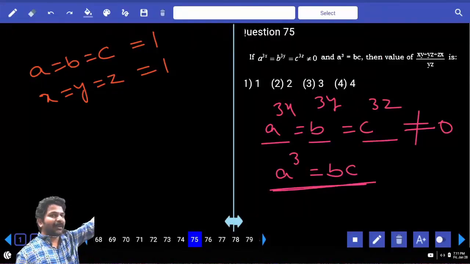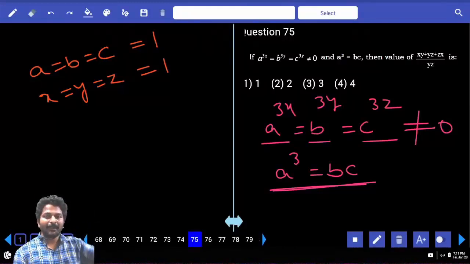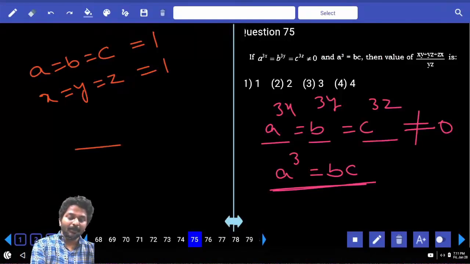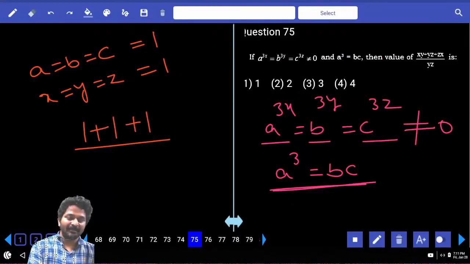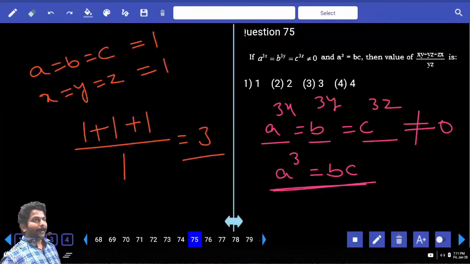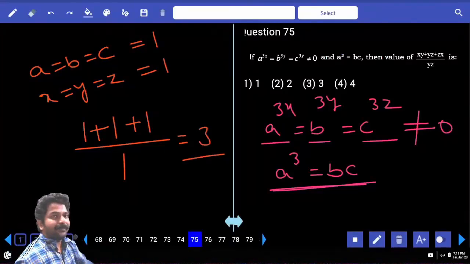A is equal to 1, 1 cube 1, bc in the sense 1 into 1, 1. Both conditions satisfied? So you can definitely start with a, b, c values as 1 and x, y, z values as 1. Now numerator in your question, xy 1, yz 1, xz 1 divided by yz 1. How much is your answer? 3. That's all.